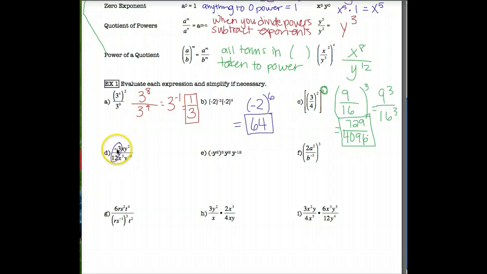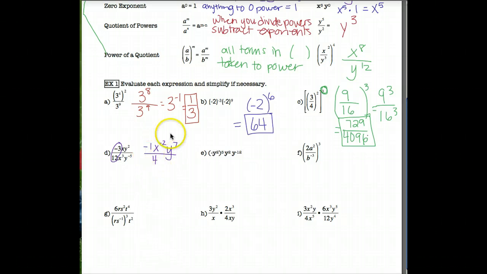If I've got -3 divided by 12, I just reduce that. So that's going to be -1/4. And then I look at the x's. The x's, if I have x over x to the third, I would subtract the exponents. 1 minus 3 is -2. Down here, when I subtract those y's, 2 minus -5 is +7.